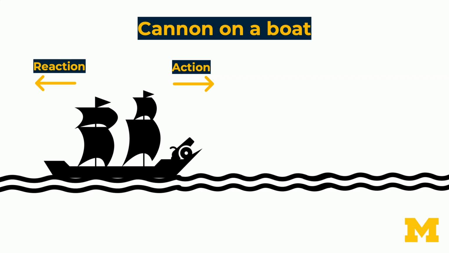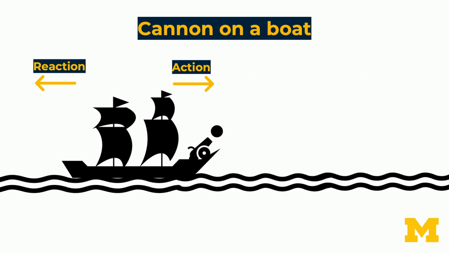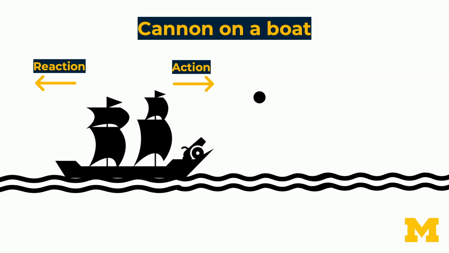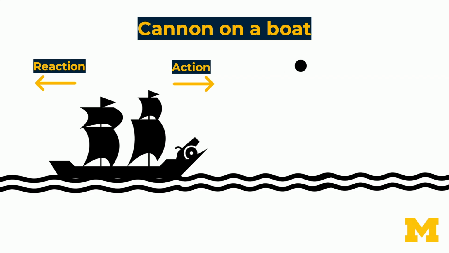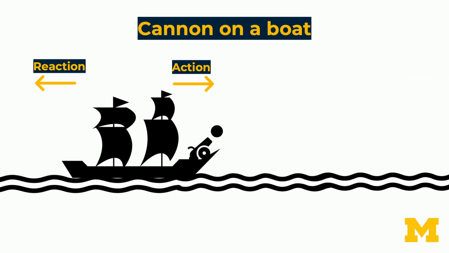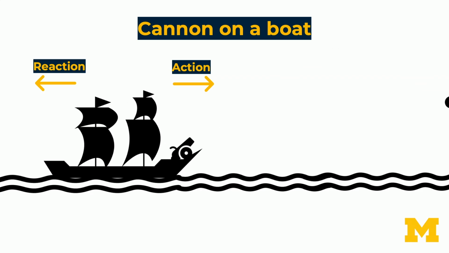Now, the interesting thing is that the cannonball has significantly less mass, so it goes off very fast. The boat has a lot of mass, and so its motion is very slow. Okay? And we'll explain why that is in a later video. But it's related to Newton's second law, which is the fact that acceleration and mass are related to each other.